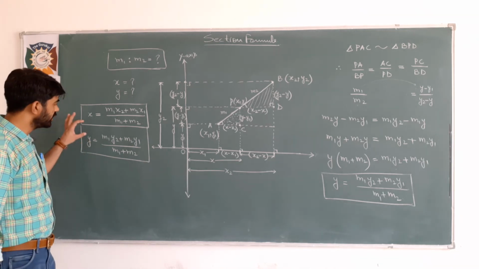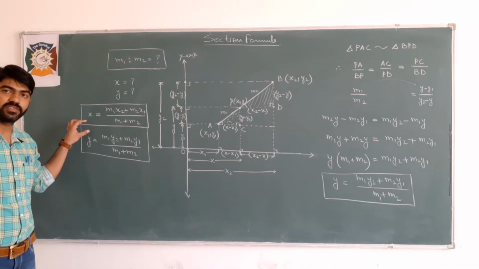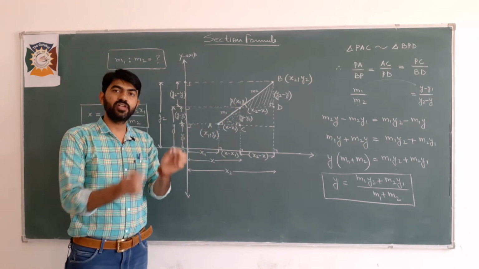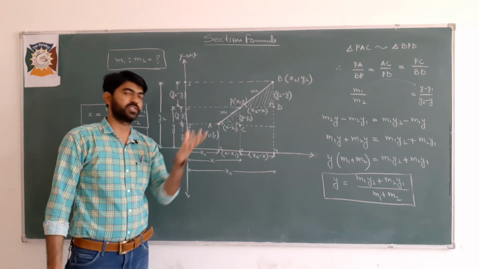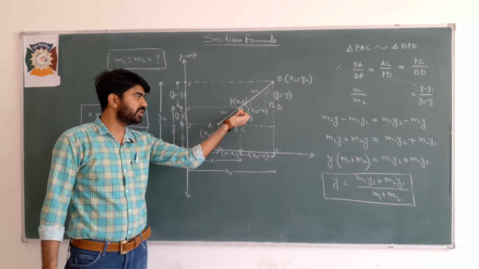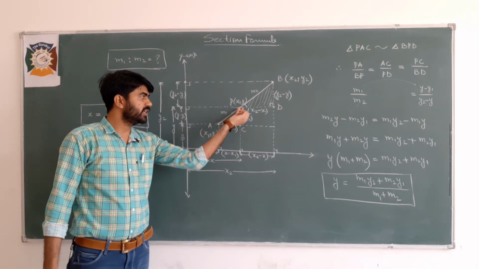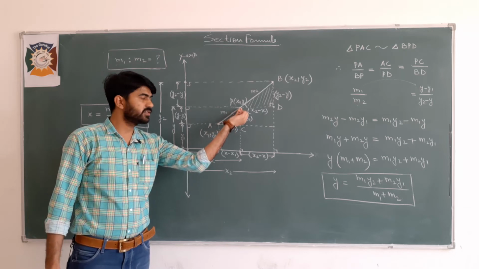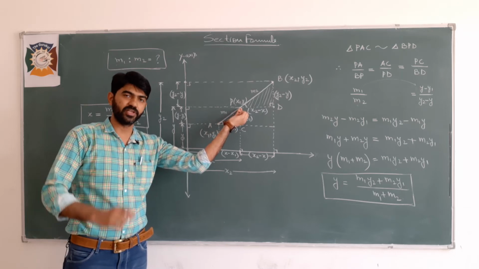So by using these formulas, we can find the x and y coordinates of the point of division. This point divides this line, okay. So this is the point which cuts this line in some ratio.